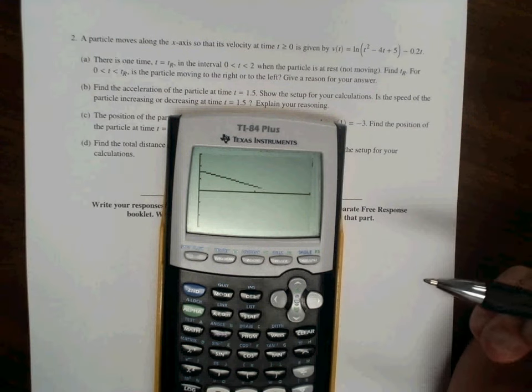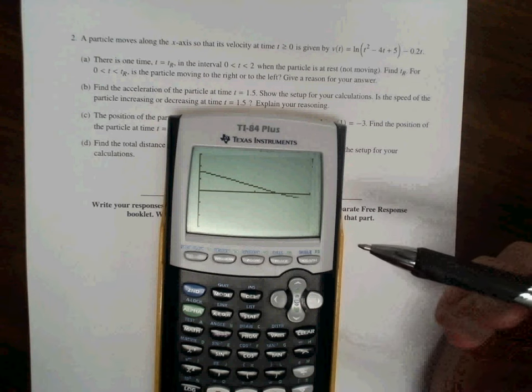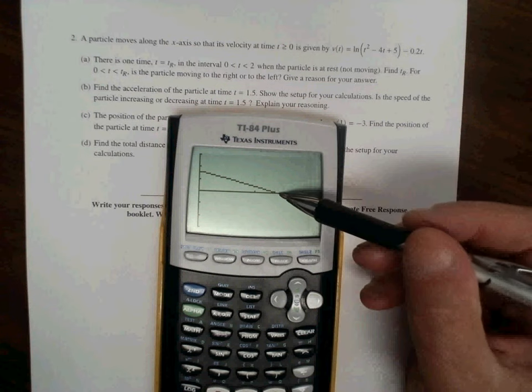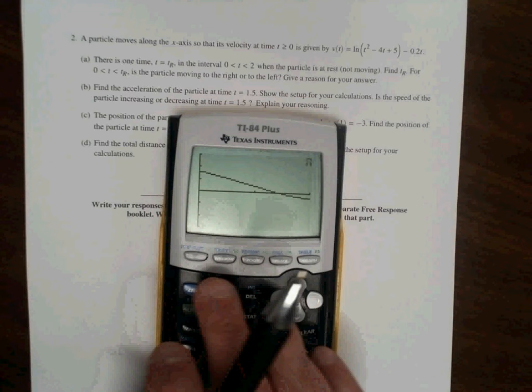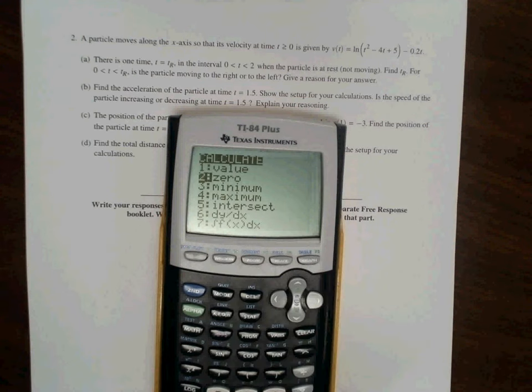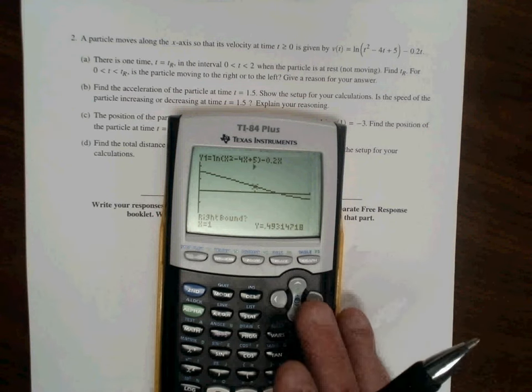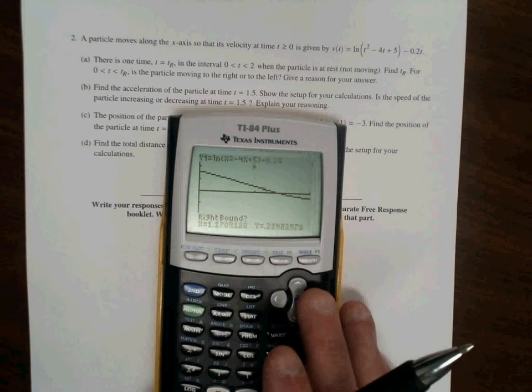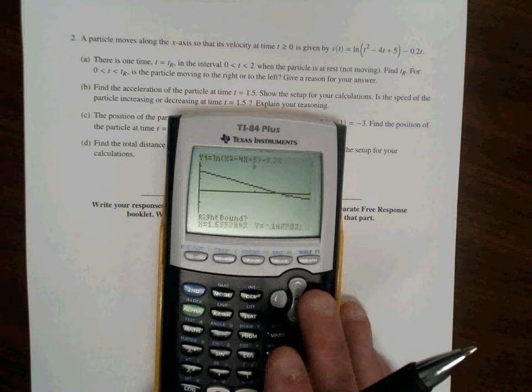When the velocity is equal to 0, that means the particle is at rest, even if it's only instantaneously. We're going to do second trace, zero, left bound, right bound. One of the four tested calculator skills on the AP calculus exam is that you can find the zeros of a function.